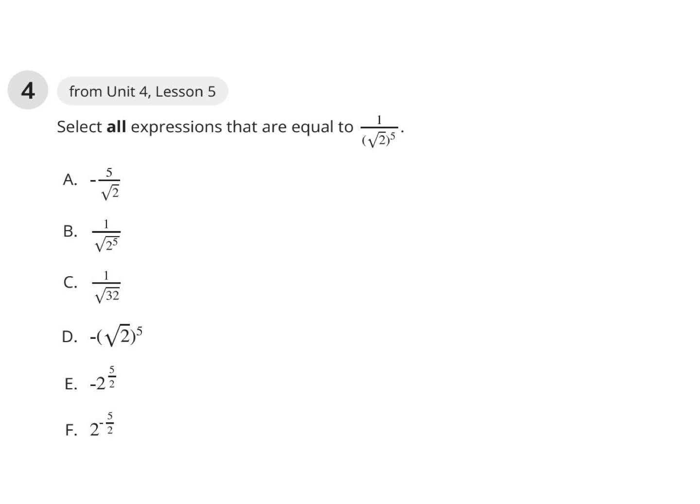Okay, select all expressions equal to 1/2 to the 5th power. All right, so I could write it as 1/2 to the 5 squared. I could write 2 to the -5/2.